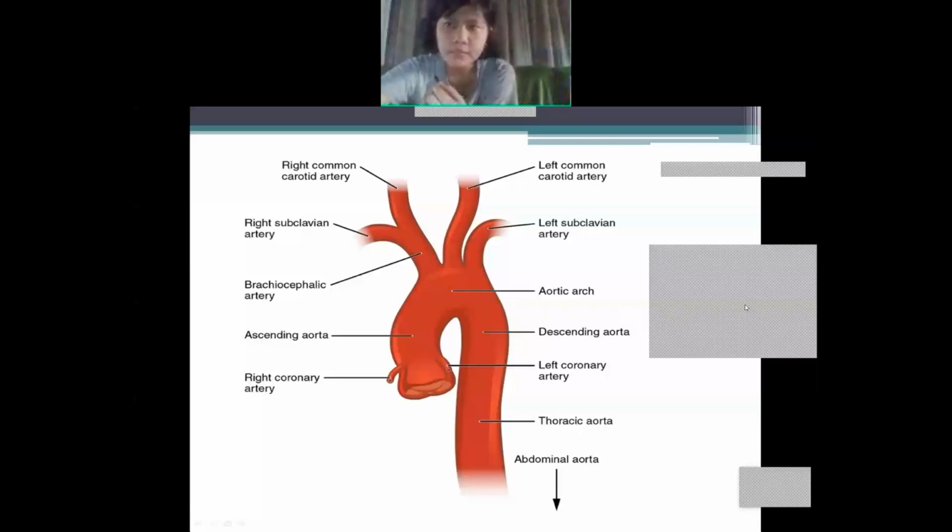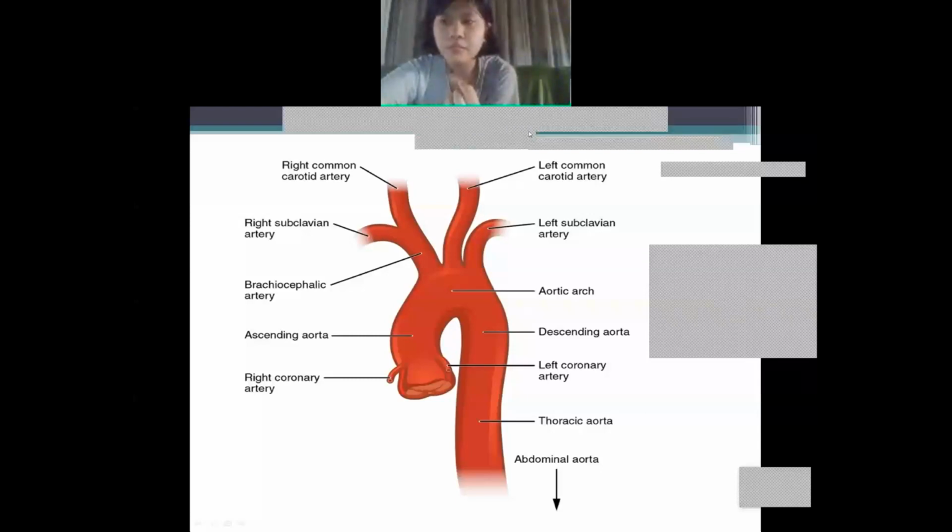Oxygenated blood means what? Presence or absence of oxygen? Okay, Ishan, can you hear me? Oxygenated blood means presence of oxygen. Okay, presence of oxygen.